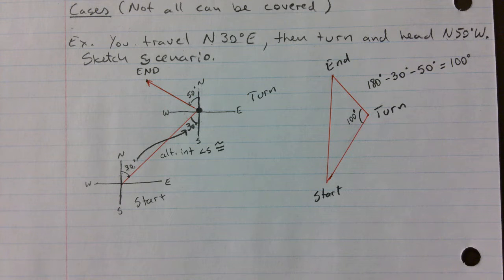But never make the assumption that you end up right over your starting point. Never make that assumption. In fact, if I could redo it, I would have done it a bit more on a slant. But this 30 is not part of our triangle.